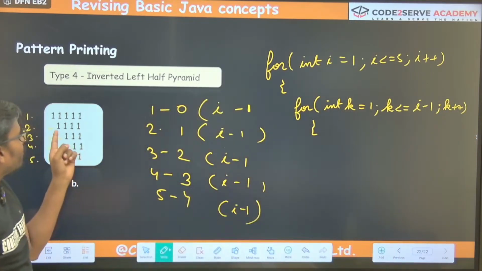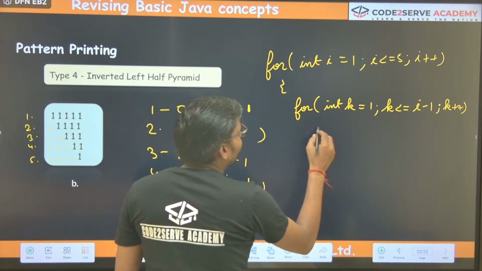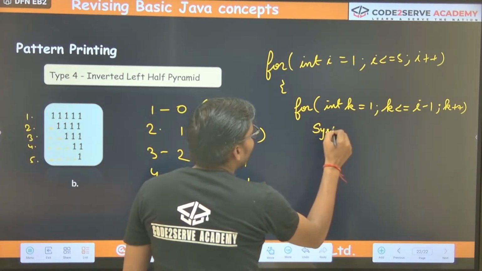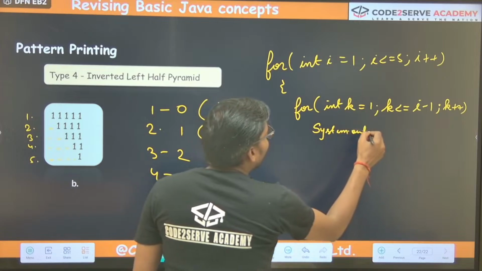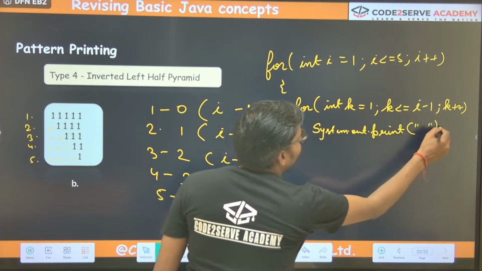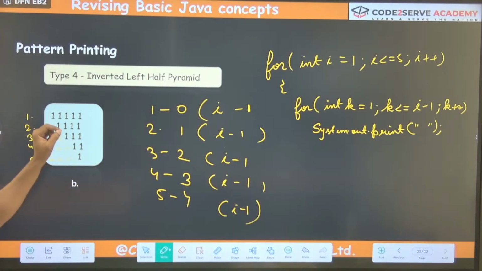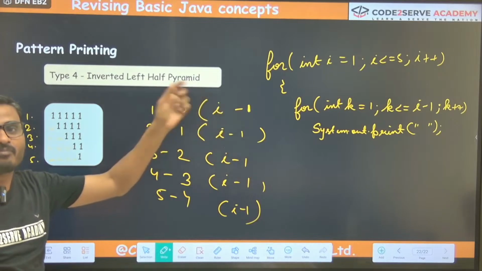Now we have to print white spaces. So you see over here directly, instead of giving the curly braces, we can write System.out.print with white spaces. Got it?